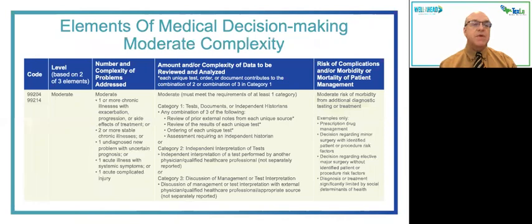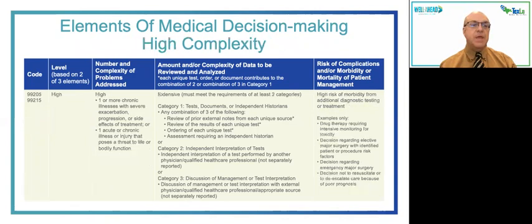And of course, if you have a moderate complexity, then these are the elements included in that level of complexity. And if your medical decision-making is of high complexity, this is your list of things that need to be included when you are billing at that level. And there are some examples in each one of these that you can go through to be able to see how you match up.